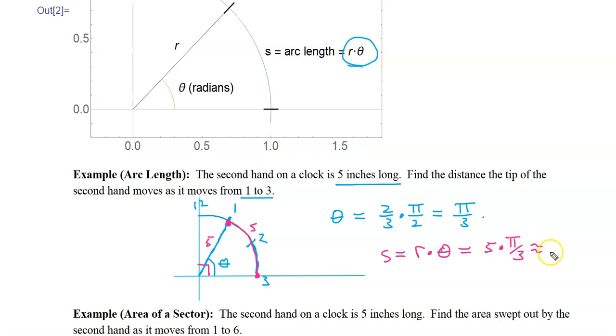And if you want to get an approximate answer, you can use a calculator to get 5.24 inches. So that's how far the tip of the second hand travels as the second hand moves from the 1 to 3 position on the clock face.